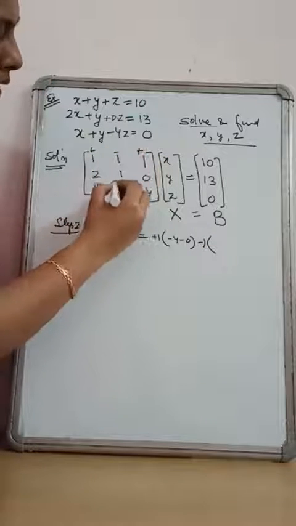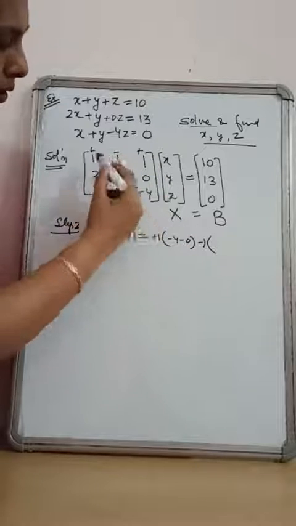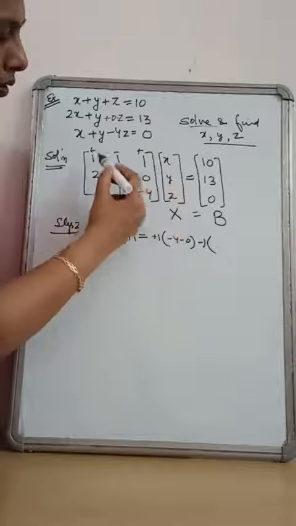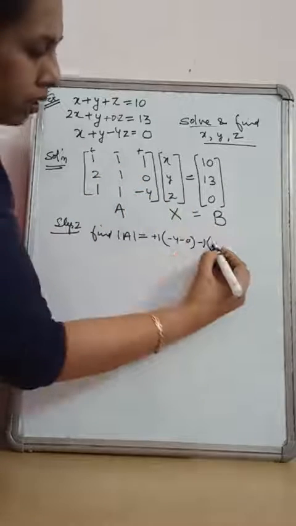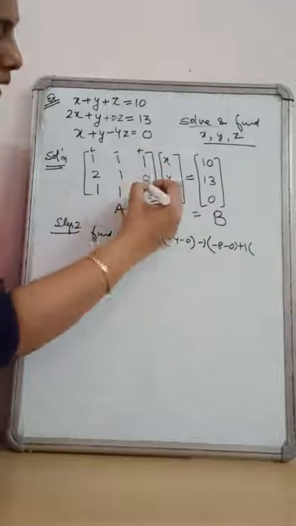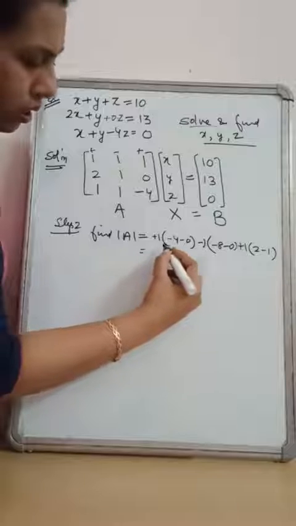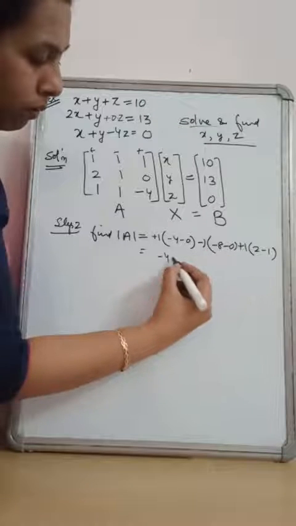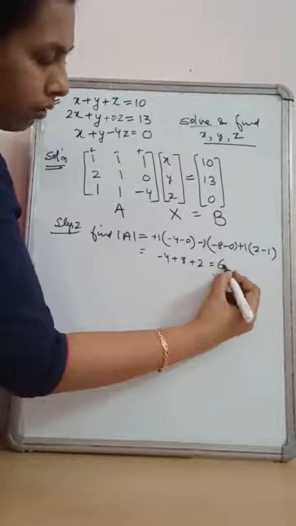Then you are left with minus. First was your plus 1, you eliminated it. It is minus 4, minus 0. Now you will eliminate this. It will be minus 8, minus 0. And then your plus 1 again, and eliminating it, 2 minus 1. So you will be getting it minus 4 minus minus plus 8 plus 2. So your determinant is 6.